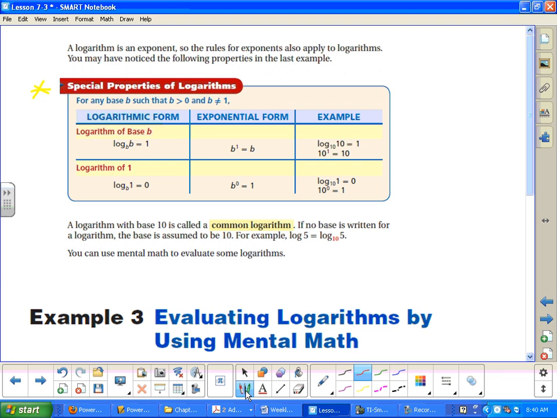So if I had log base 29 of 29, that would be equal to 1.